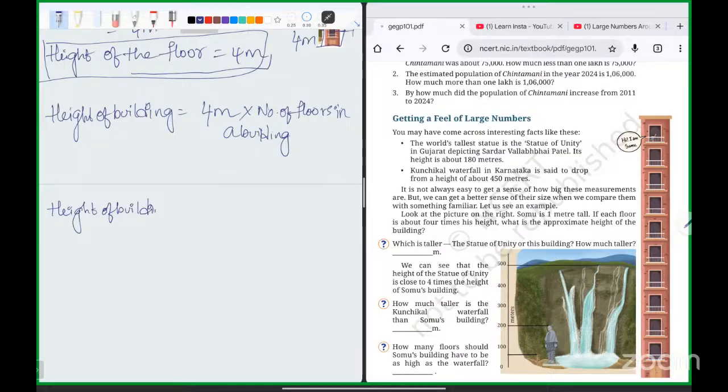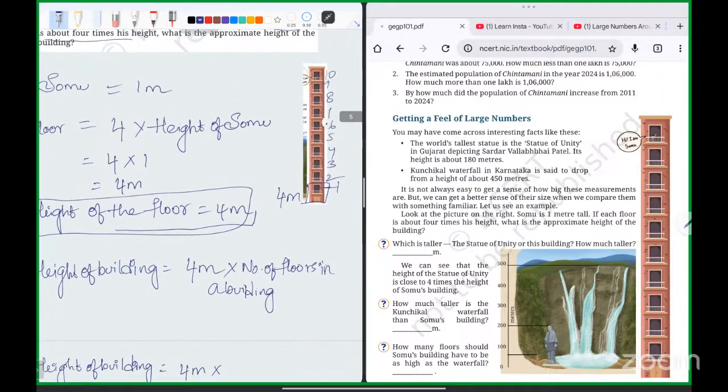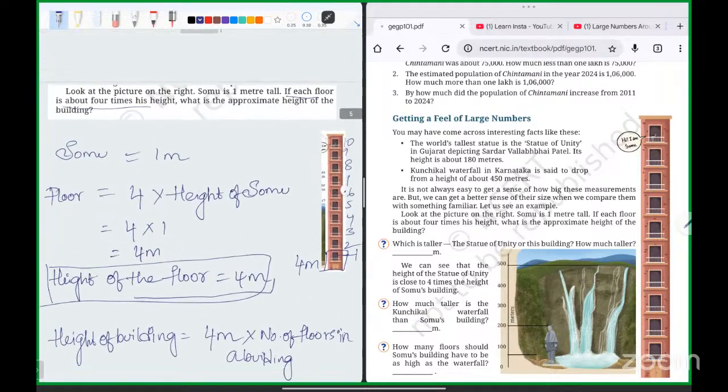Height of building is equal to 4 meters into how many floors are there in a building? 10. So the height of the total building is equal to 40 meters.